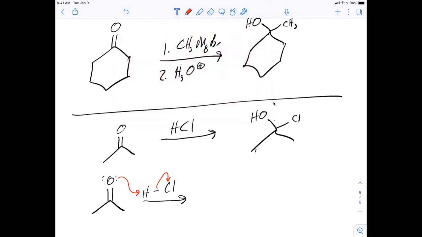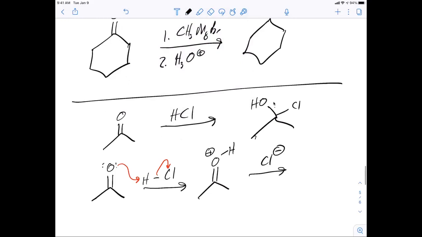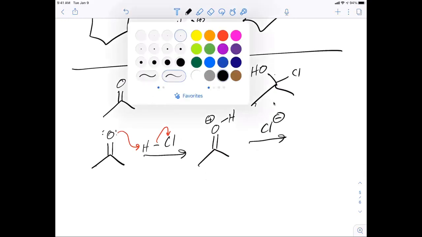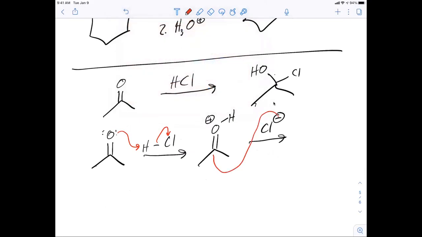First thing that does is we activate the carbonyl. And then once we've activated that carbonyl, then the nucleophile can come in and attack the electrophilic carbon at the carbonyl.